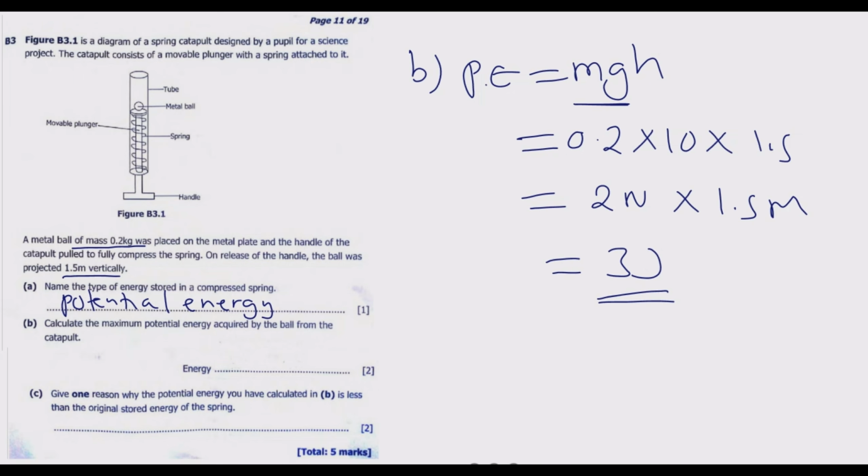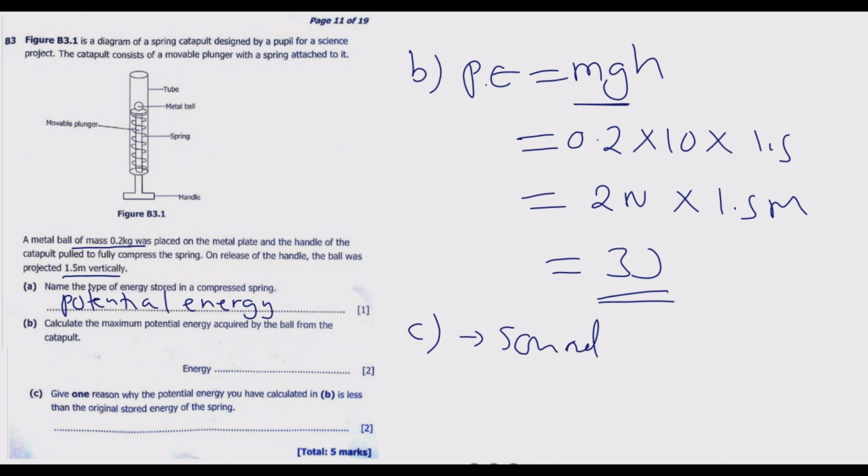Then C: give one reason why the potential energy you calculated in B is less than the original stored energy of the spring. Some of the energy as you release the spring will be converted into other forms, so it will be lost. As you release the spring, it starts vibrating, creating some sound energy.